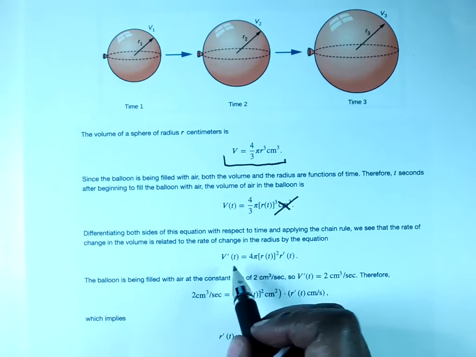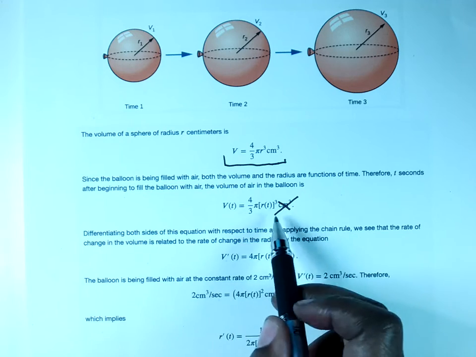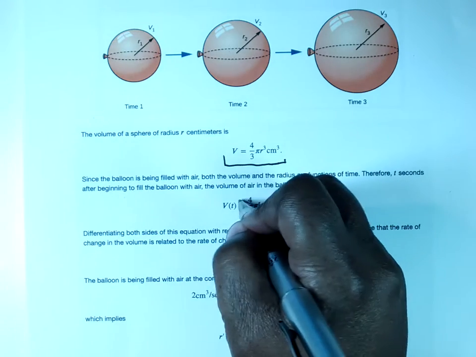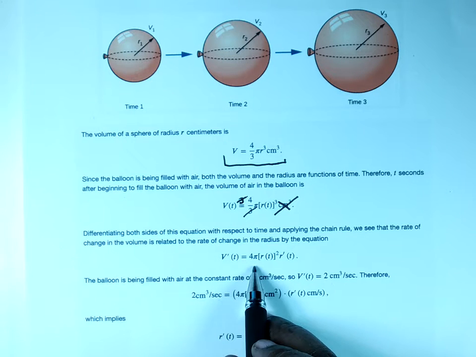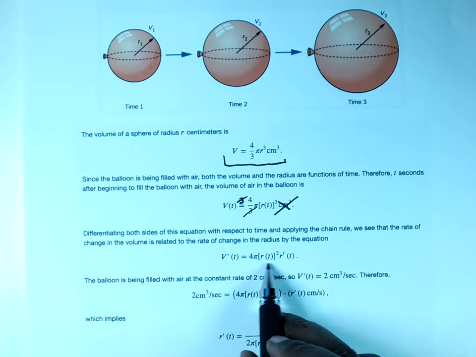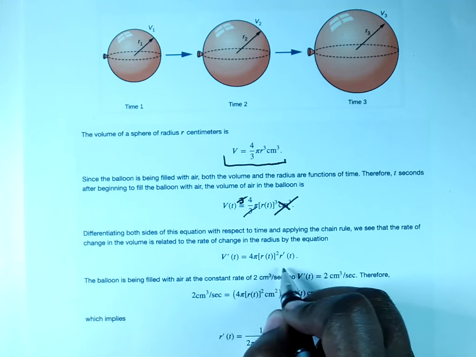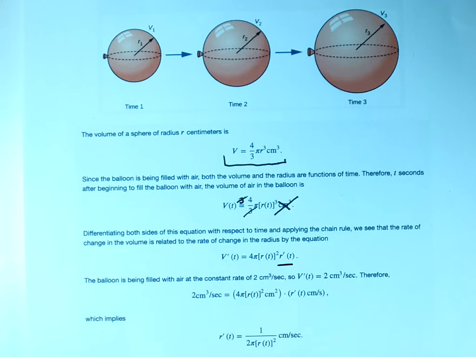So we get V prime of t. When you multiply the 4/3 with that 3 out front, these 3's are going to cancel, so I get 4 pi. And now it's r of t squared, and because the radius is a function of time, I have to do the r prime of t. And then we're just going to plug stuff in.